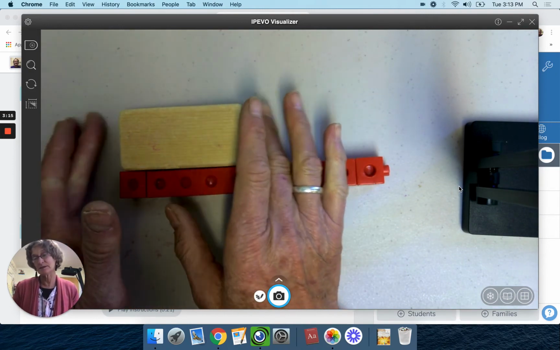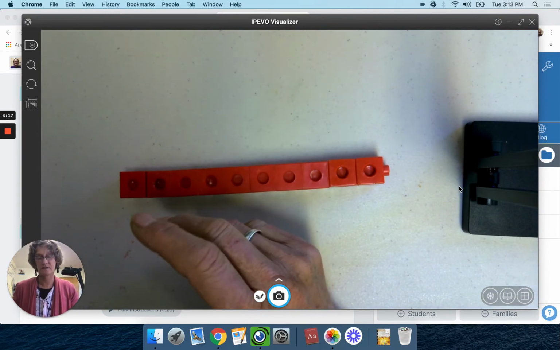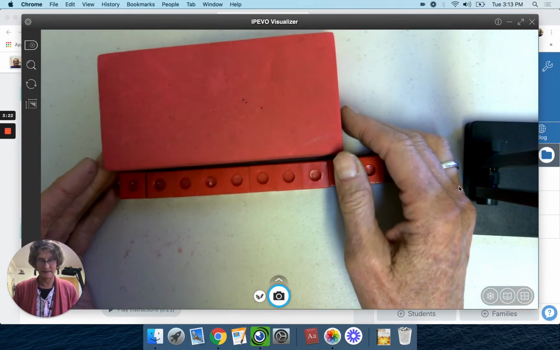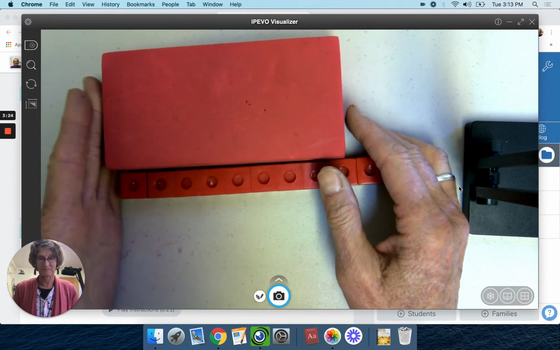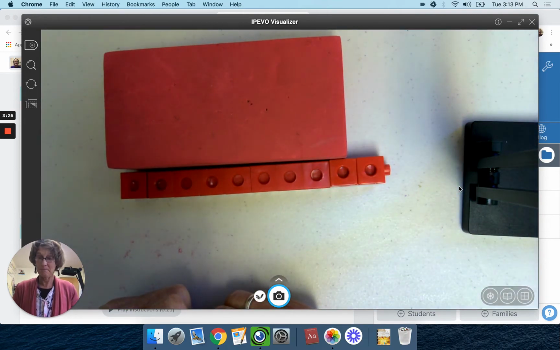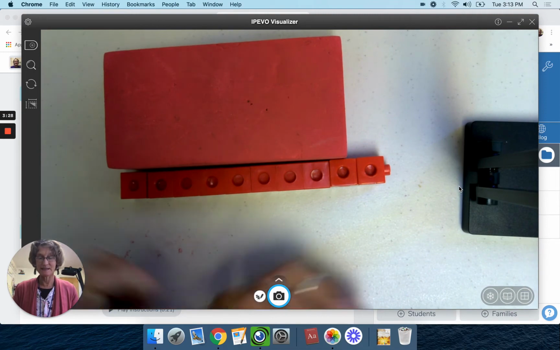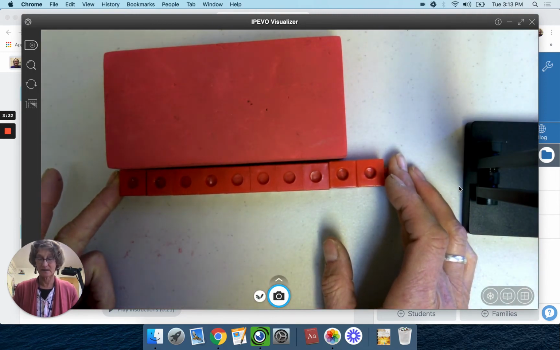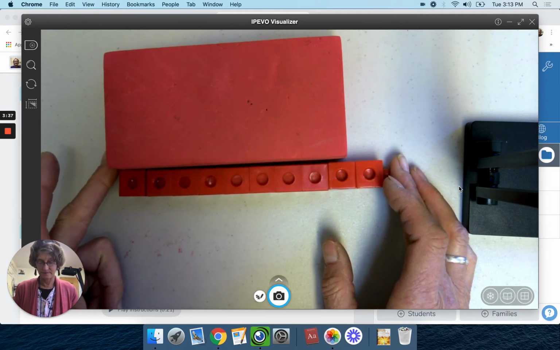Now, it depends what size your block is, obviously. I have a red block as well. I am going to line them up. Okay. Is the tower of 10 longer or shorter than the red block? How can you tell?